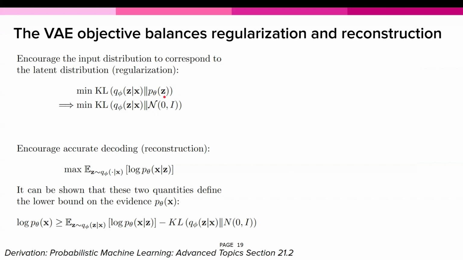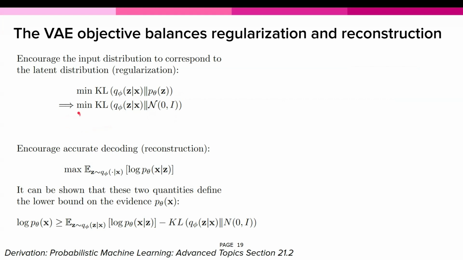And as I mentioned a few times, we take this prior as a standard Gaussian distribution, denoted as a scripted N, with mean of 0 and isotropic unit covariance matrix. So that's the identity matrix, so it's isotropic unit variance.